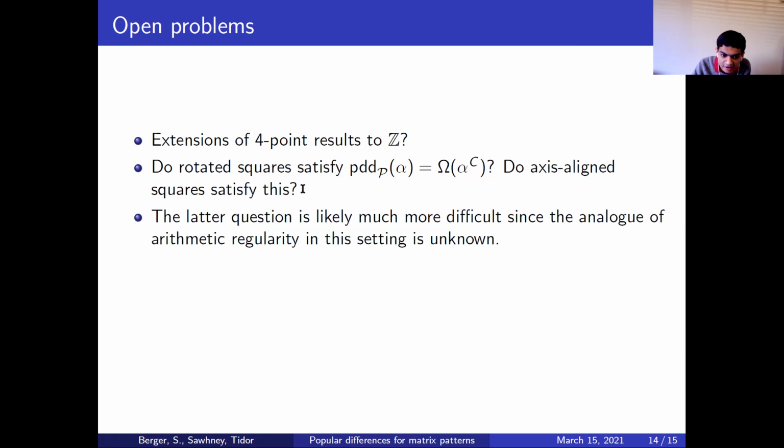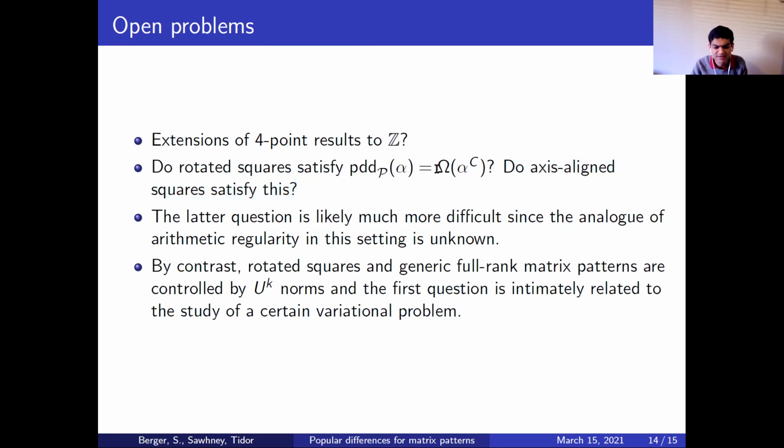And this latter question I expect to be much more difficult, because arithmetic regularity and Gowers inverse theorems, etc., in the setting of axis-aligned squares is not really understood at all. But for rotated squares, because it is controlled by U3, you could imagine that there is something there that could be studied. And in fact, because of this arithmetic regularity argument, you can still carry out most of the argument from earlier.